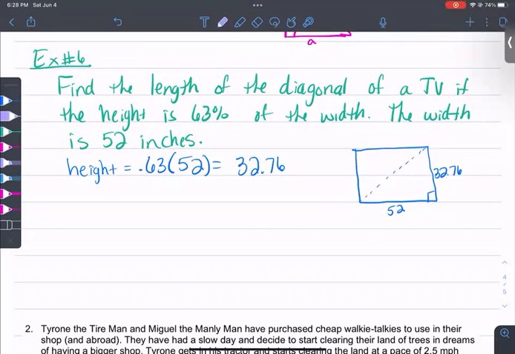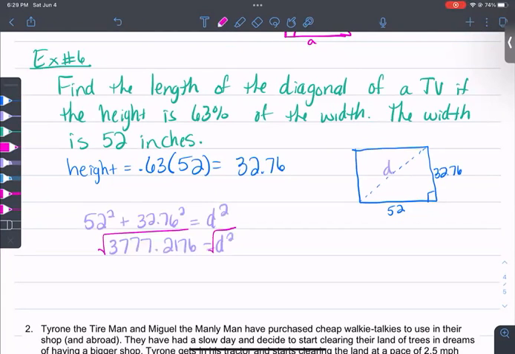So these two values would be the lengths of the legs, and we're looking for the hypotenuse length. So we could set up our Pythagorean theorem: 52 squared plus 32.76 squared equals, if I label this as the diagonal, D squared. So if I put those two values in the calculator, I would get 3,777.2176 equals D squared.